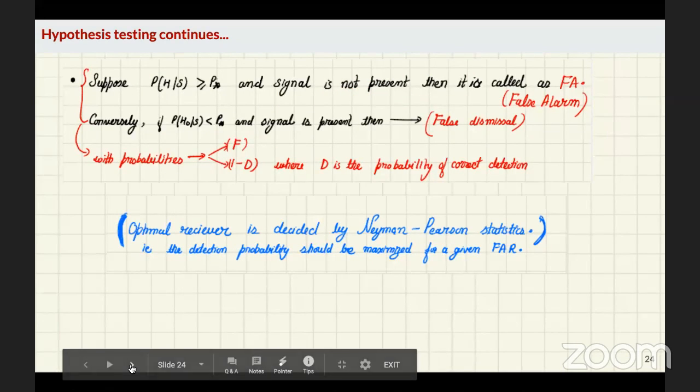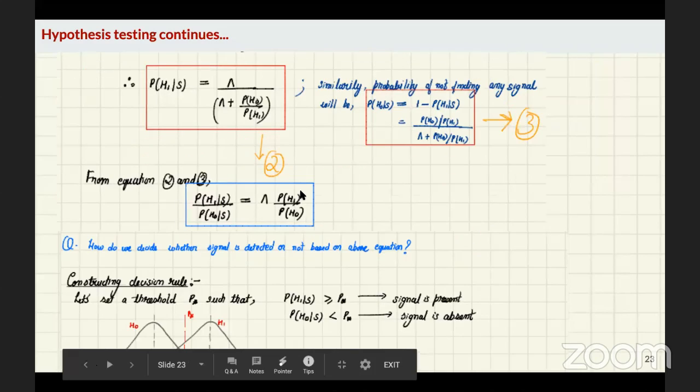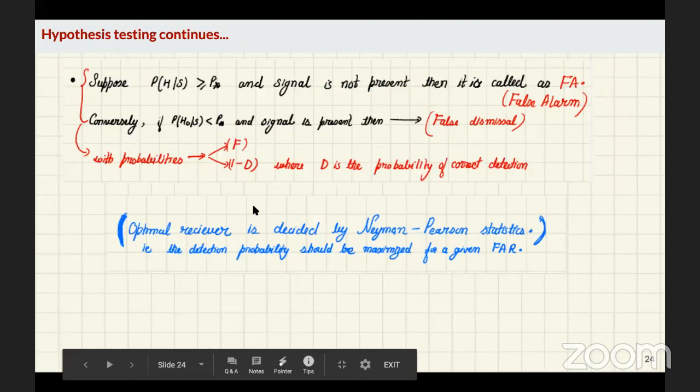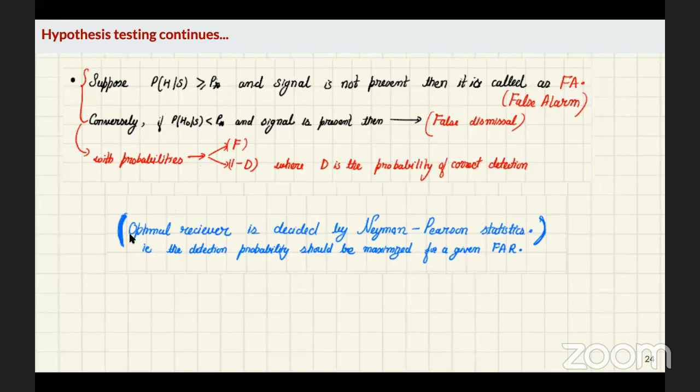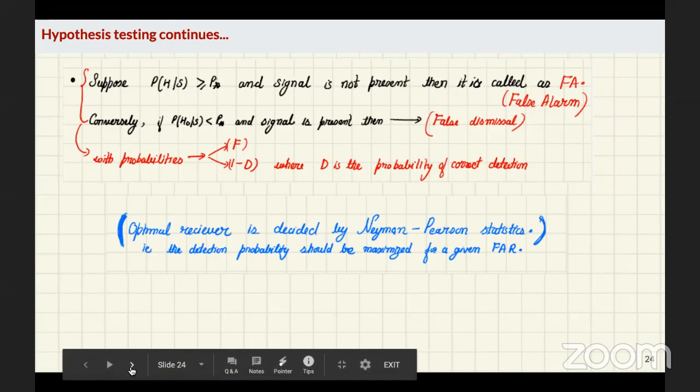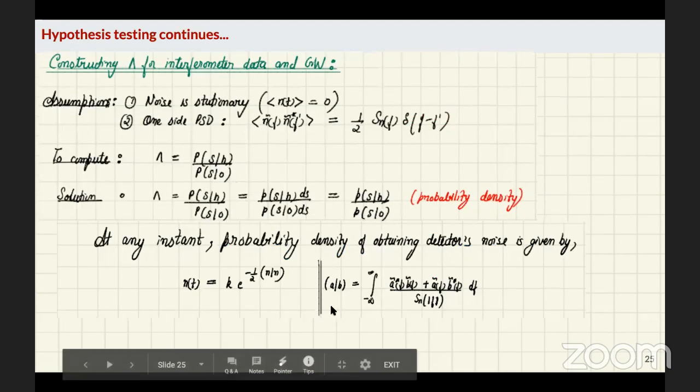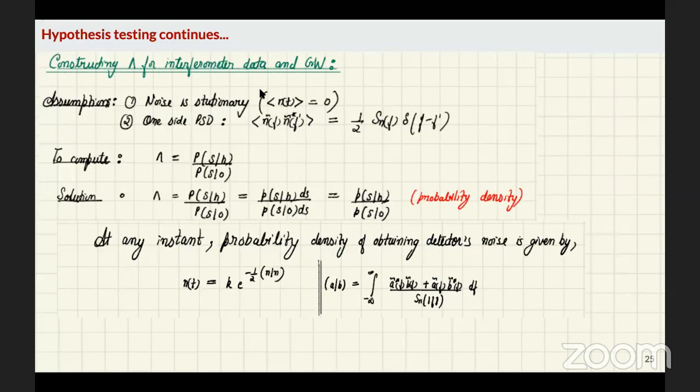Here I describe this particular formula, and this basically defines the optimal receiver, also known as the Neyman-Pearson statistic, which basically forms the matched filter statistic. Okay, it will be more clear in the next slides. So this is just the repetition of what I said for the general scenario. But let's try talking in terms of interferometer data and gravitational waves.